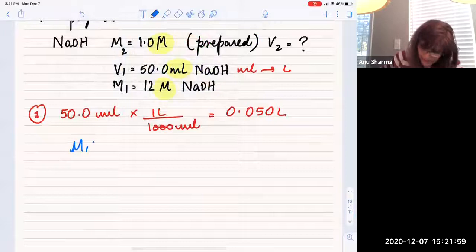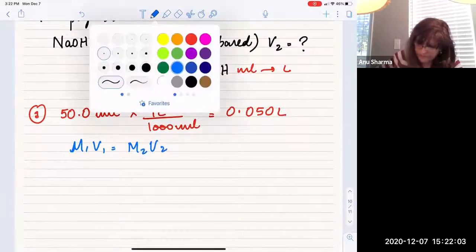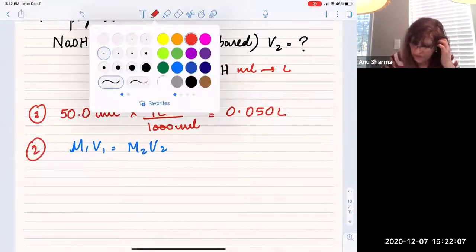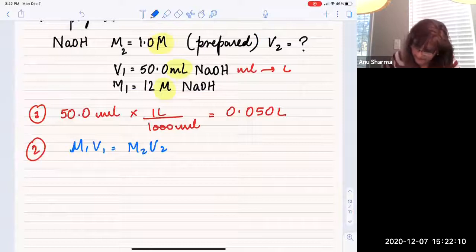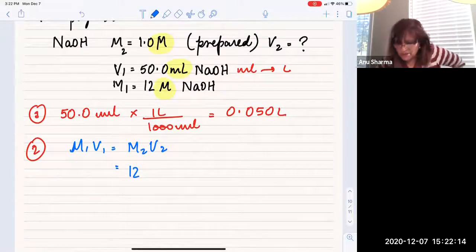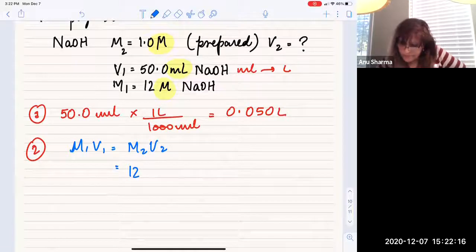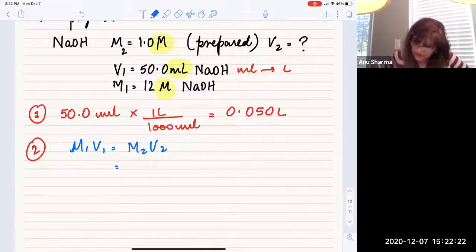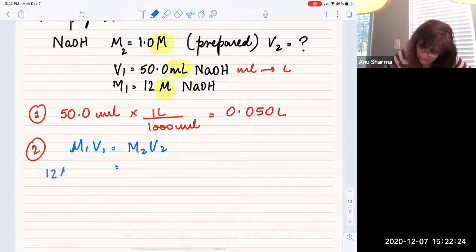Now, all you need to do is just plug in the numbers. M1 V1 is equal to M2 V2. So here is your 12 molar times 0.050 liters.